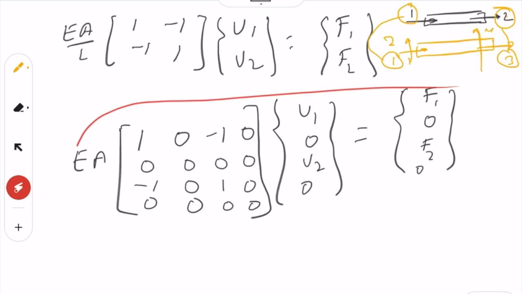Here you are writing exactly the same thing, but assuming there are 2 degrees of freedom per node, and since there is nothing perpendicular to the axis of the bar, you are putting everything 0 corresponding to that. You are putting 0 here, here, here, here, here, here. But the moment you rotate this one, this is not going to be the same thing. Why? We can also look at basically.